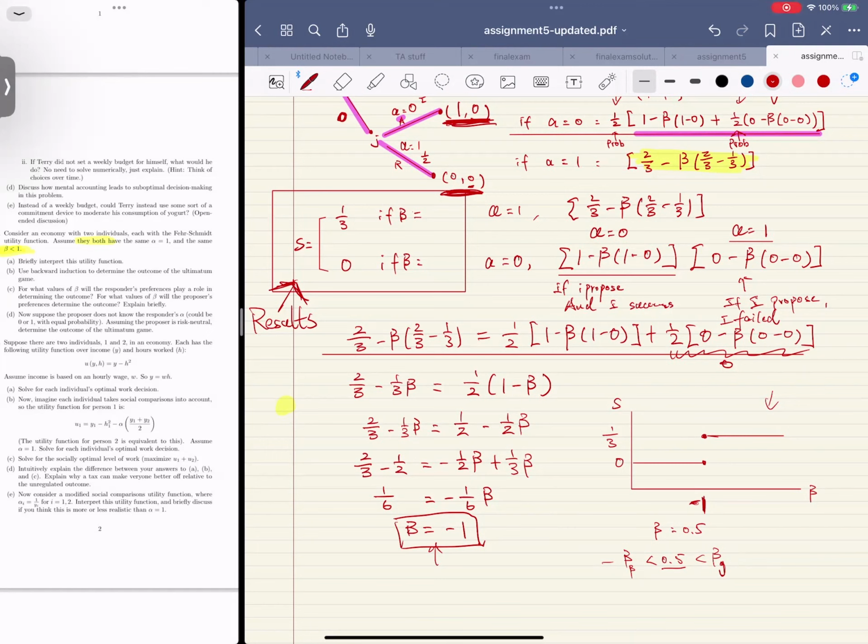So in this case, I would say your critical point is definitely here. If beta is less than -1, this should be equal, and this should be greater than -1.